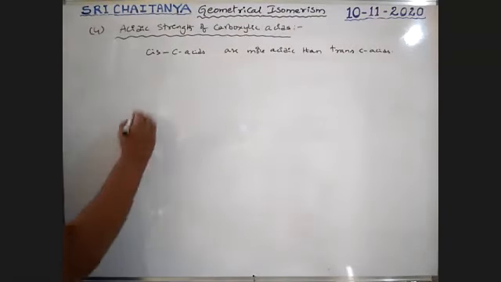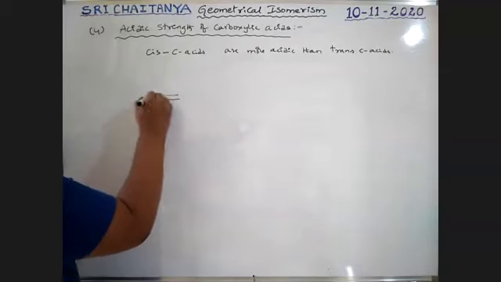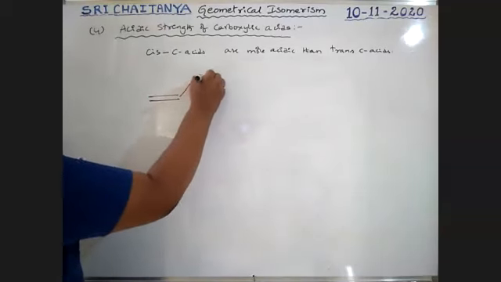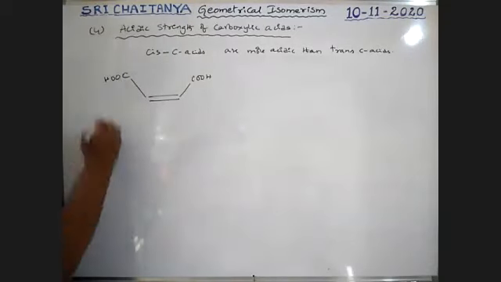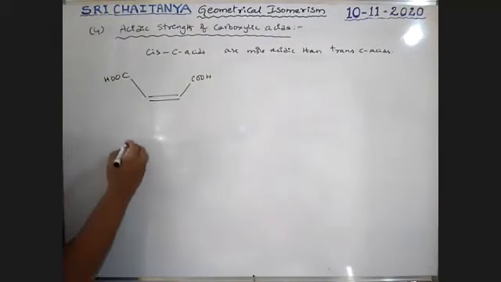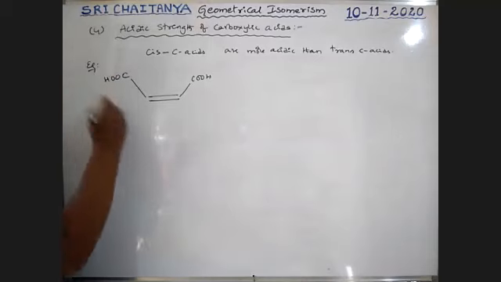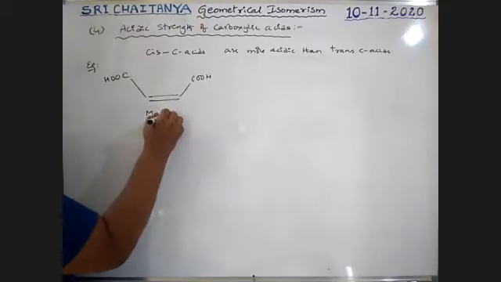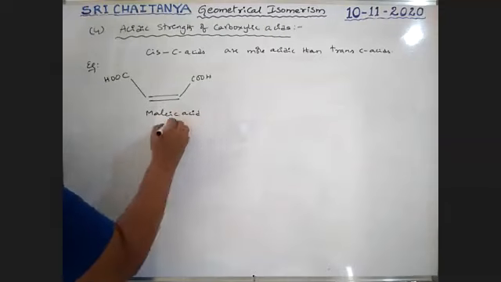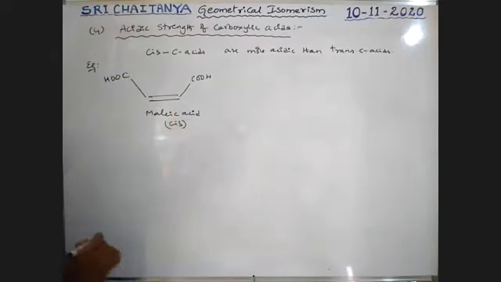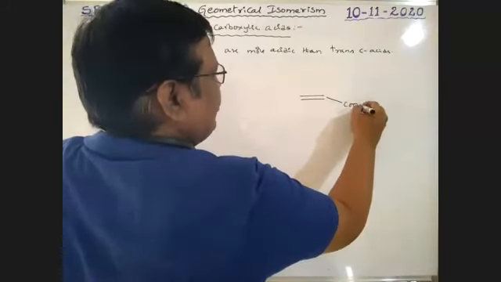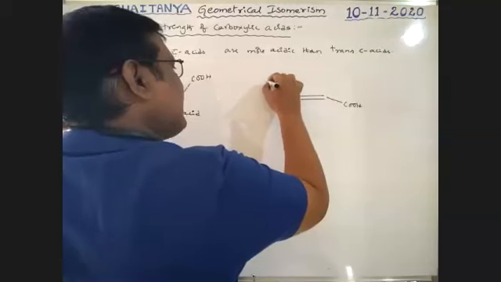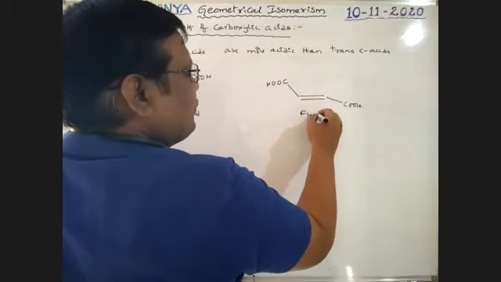So see here, the 2 COOH groups on the double bond are on the same side. So it is maleic acid, the example, boys, for this explanation. Maleic acid is the cis compound. Fumaric acid is the trans compound. The COOH groups are both on opposite sides. It is fumaric acid.